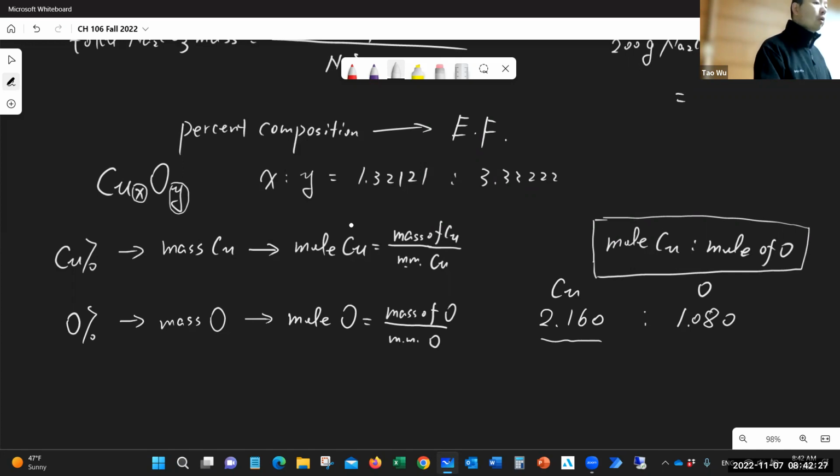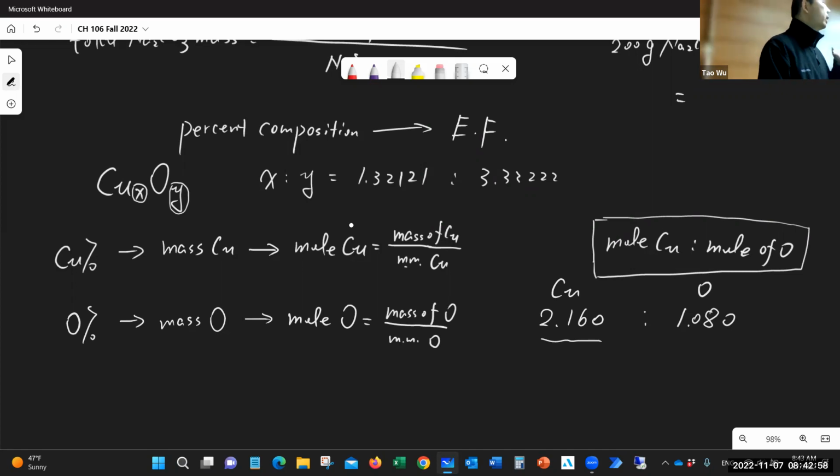So what you need to do is find which mole number is the smallest, and then divide by the smallest mole number. For example, 1.080 is the smallest mole number, so both numbers are going to be divided by the smallest mole number. Then you can normalize the result.